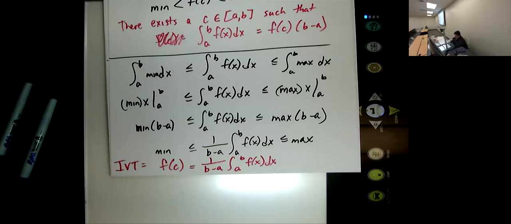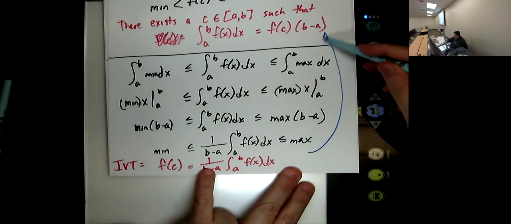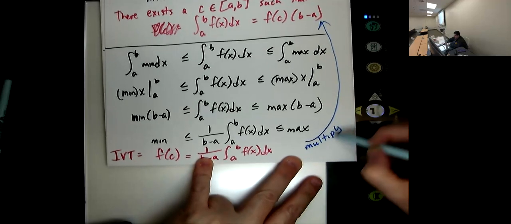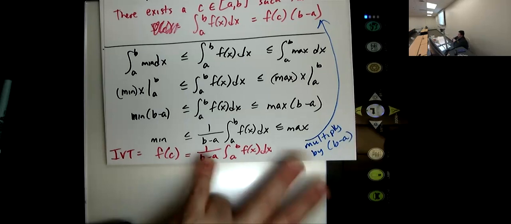And to get back up to this, multiply both sides by b minus a, which is just a number.